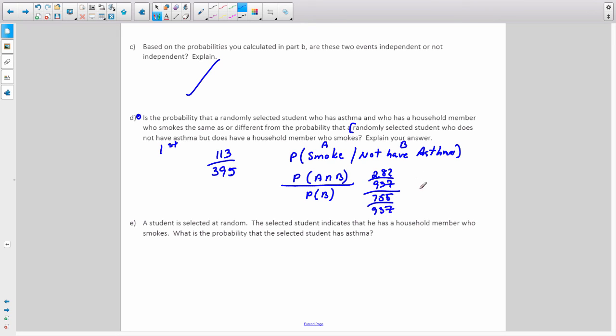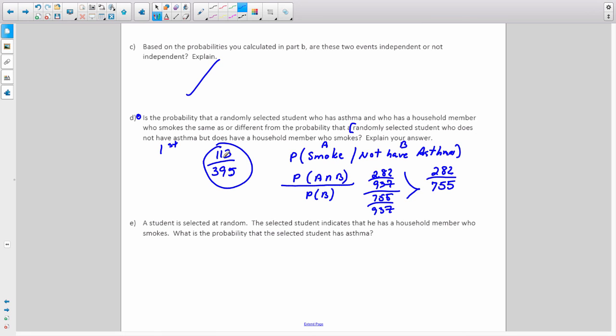And if you're getting used to these questions already, this will reduce to 282 over 755. Sorry, let me change that real quick. Are they the same? No, they are not.